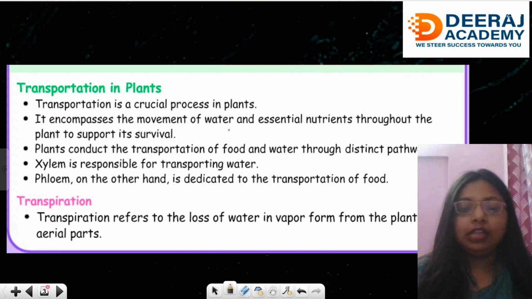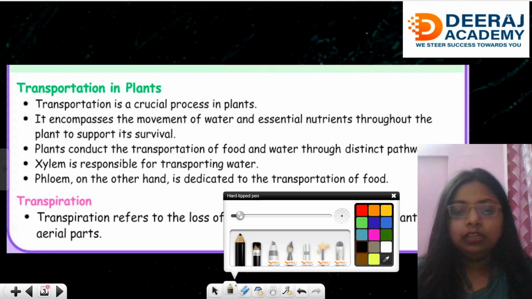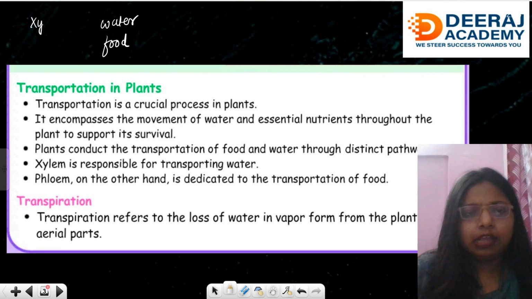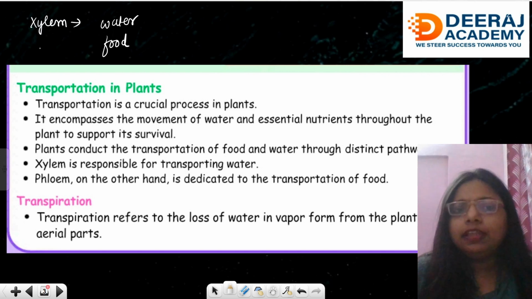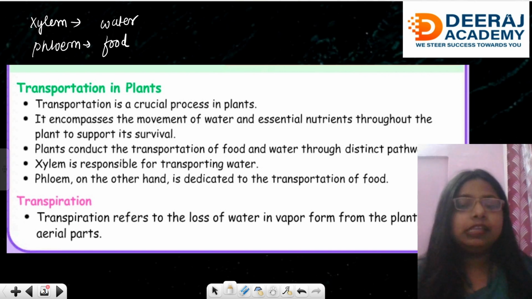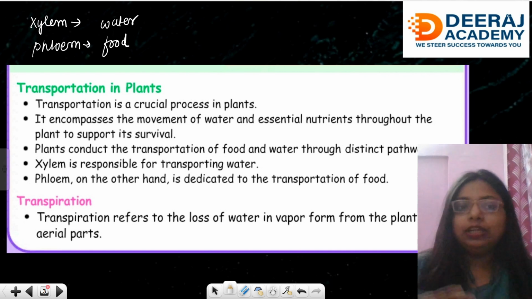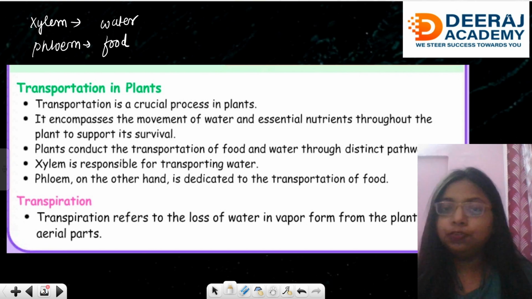See, we can understand plant transport in very simple words: it is either the food or the water. The water is transported by the xylem and the food is transported by the phloem. It's very simple, like I told you in the one shots: we have two pipes, one for water transport and one for food transport.